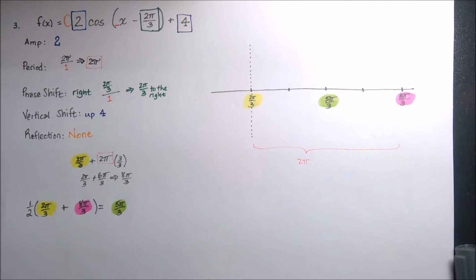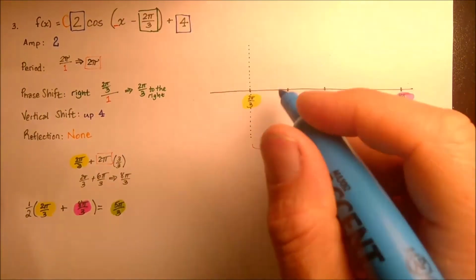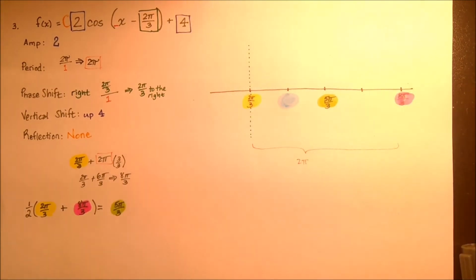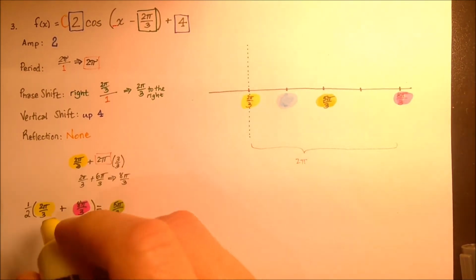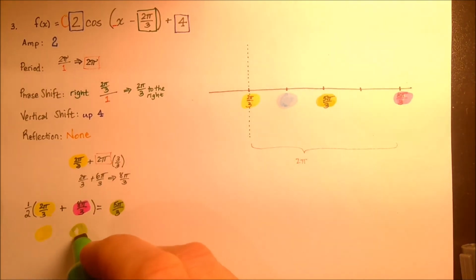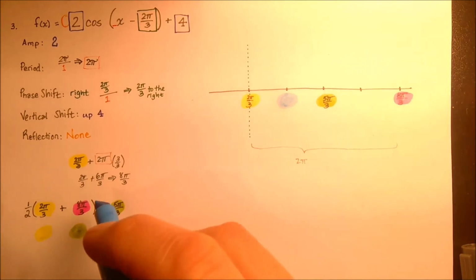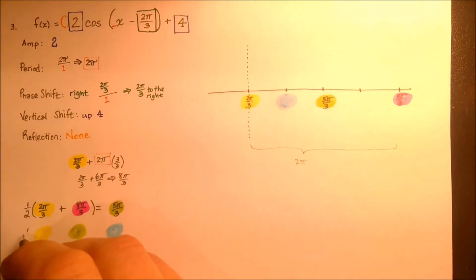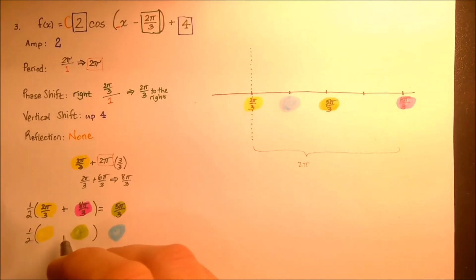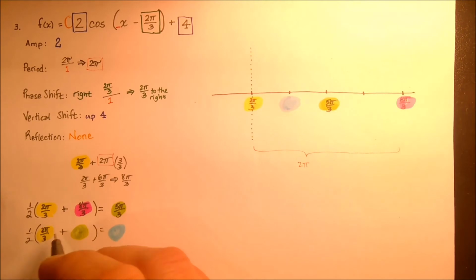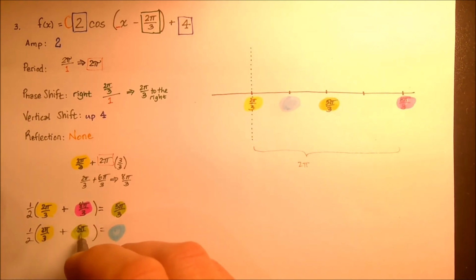Now if I want to find the blue spot, I'll make this one blue right here. Hopefully you're seeing the pattern, right? We should be able to take yellow, add green, divide by 2, and get blue. So 2 pi over 3 plus 5 pi over 3.